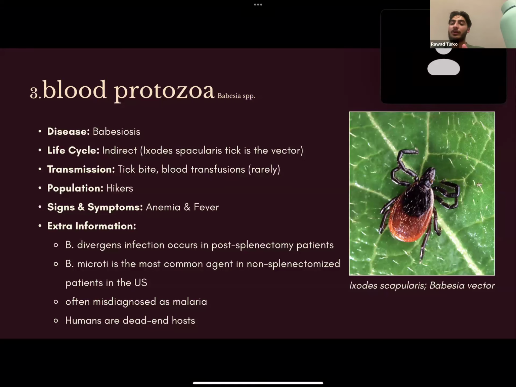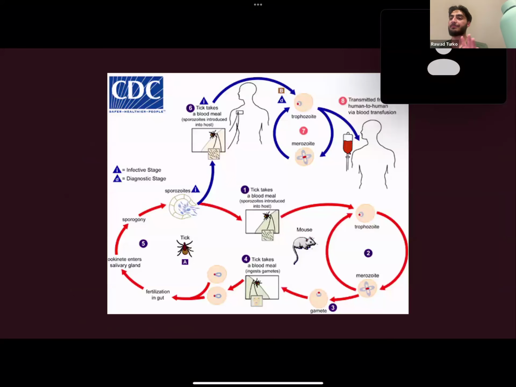It's often misdiagnosed, and humans are dead-end hosts. So what does that mean if you're a dead-end host? There's no. You can't transmit to any other. Exactly. So if it's a dead-end host, it's no longer transmitted to any other species, whether it be a human or any other thing. Okay?